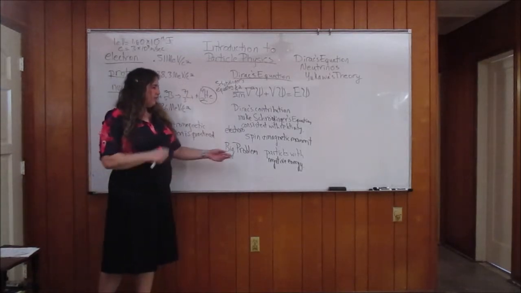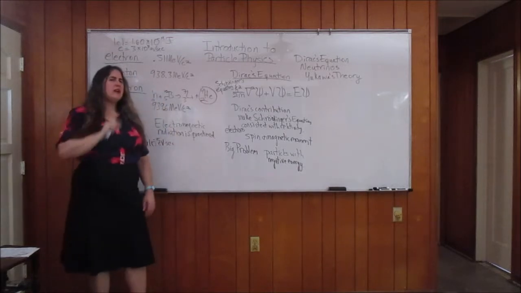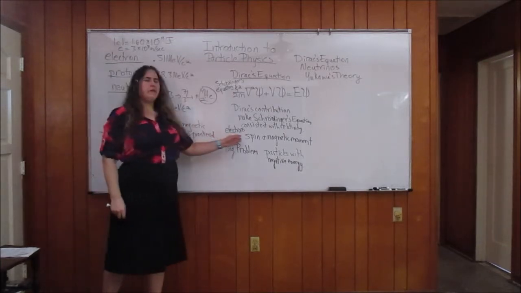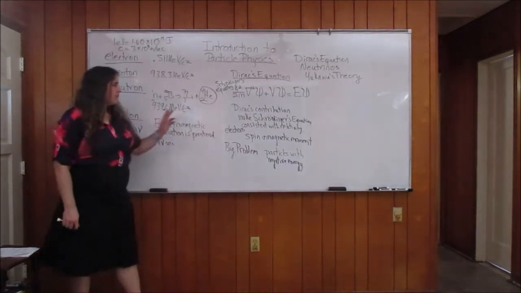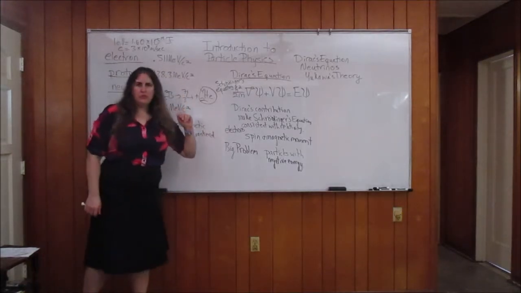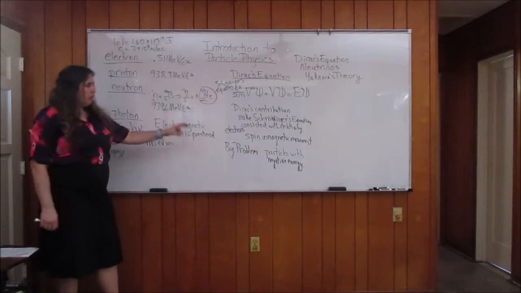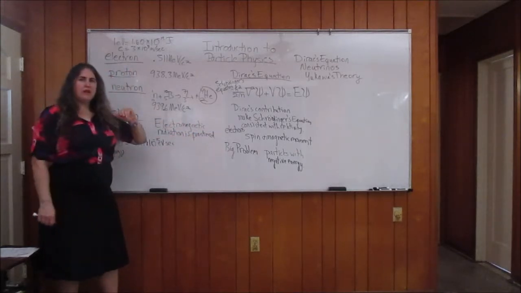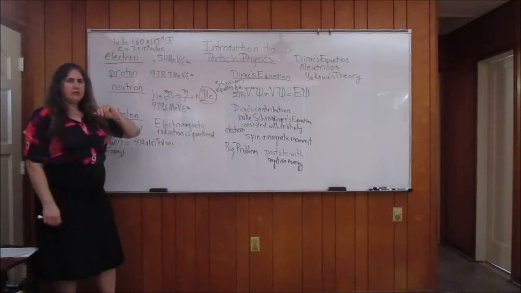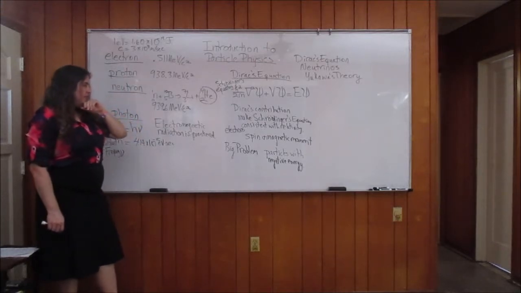Well, these particles, they said, okay, well, they're going to have the opposite charge of electrons, so maybe they're protons. But in Dirac's equation, those particles that have negative energy have to have the same mass as the electron. So they're obviously not protons.